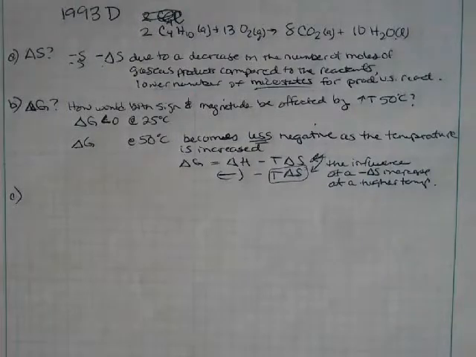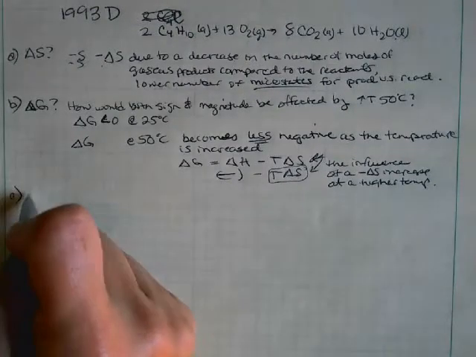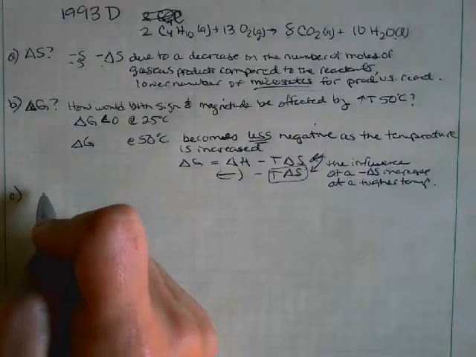C says, what must be the sign of delta H for the reaction? We already did that. So here, it must be negative.